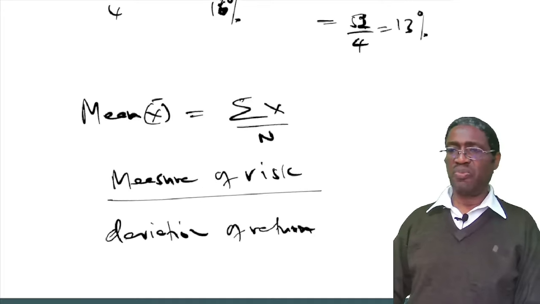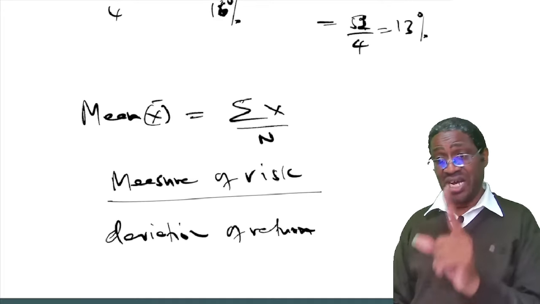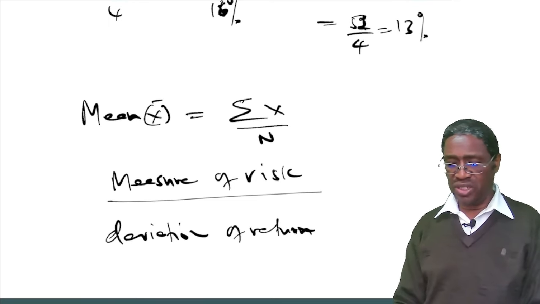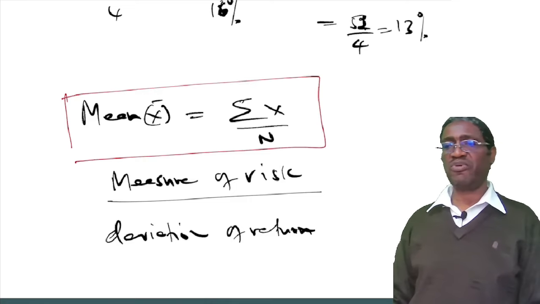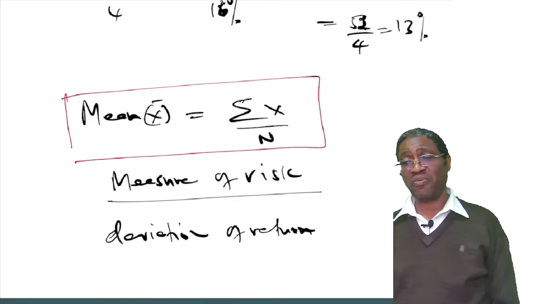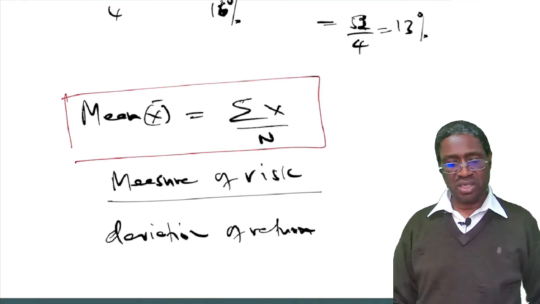When you have said that, copy this formula. Mean x bar equals summation of x divided by n.